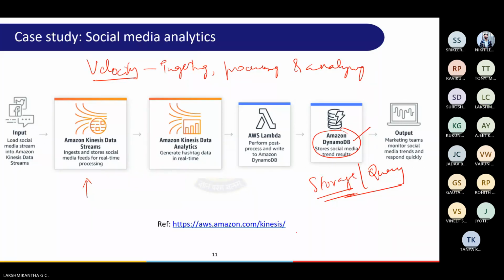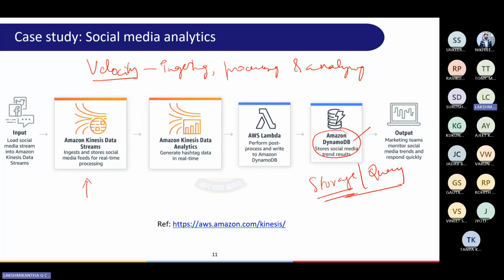Why have we stored all this processed data inside these databases? Because business analysts have to perform SQL or other queries. In that situation, we are going to use this.